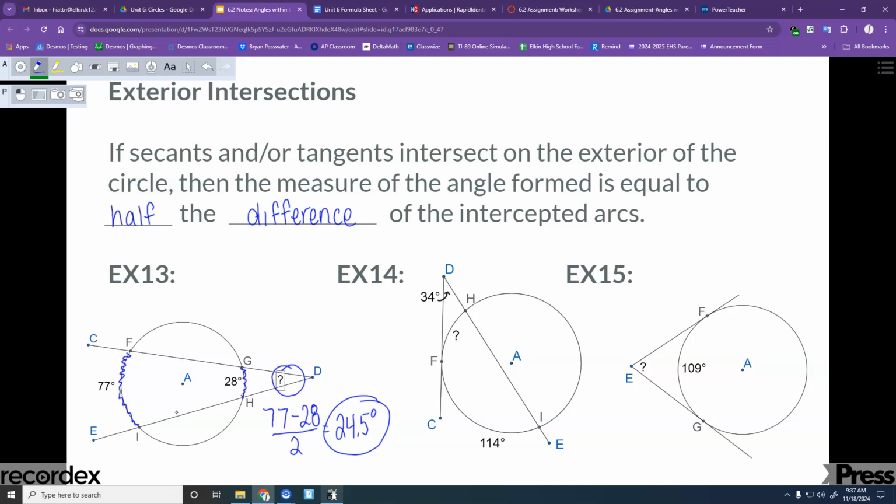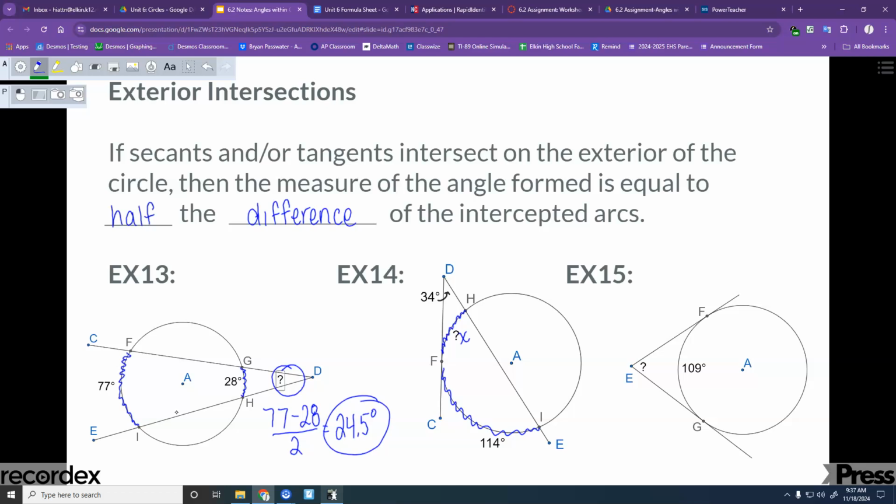Okay, 14 is the same type of question, but it's harder because you've got this arc here. There's your big arc. But do we know our small arc? That's what we're looking for, right? So we can't just do 114 minus a number divided by 2 equals something, we've got to put an X right there.